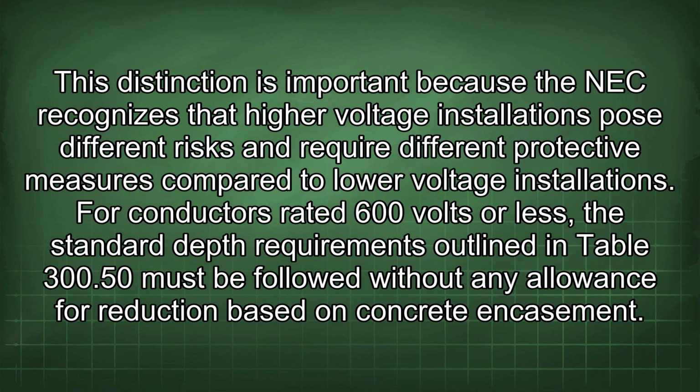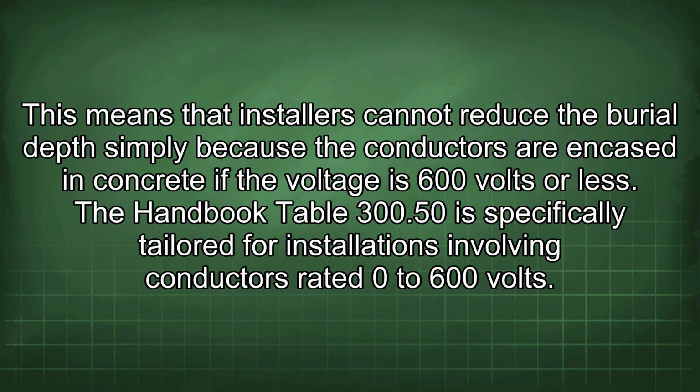For conductors rated 600 volts or less, the standard depth requirements outlined in Table 300.50 must be followed without any allowance for reduction based on concrete encasement. This means that installers cannot reduce the burial depth simply because the conductors are encased in concrete if the voltage is 600 volts or less.